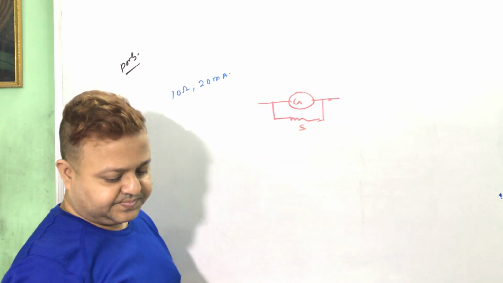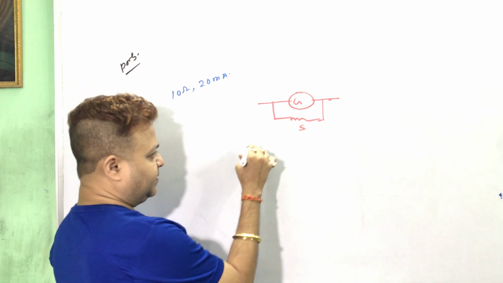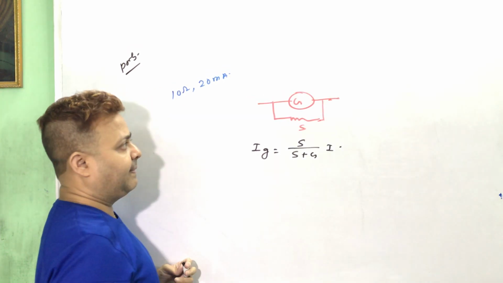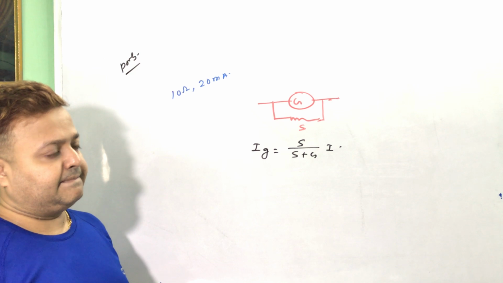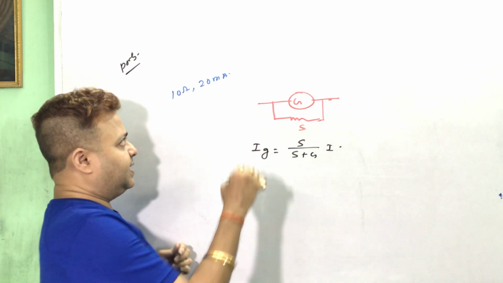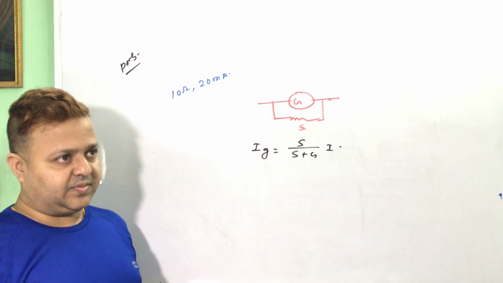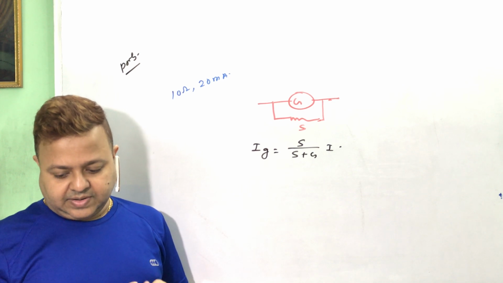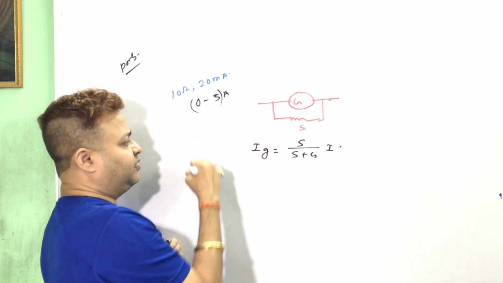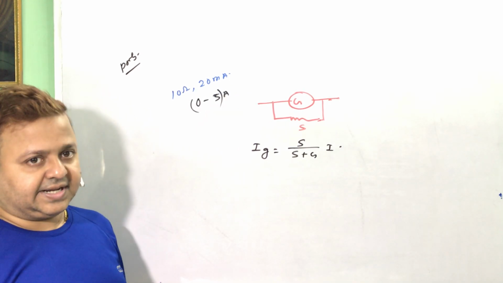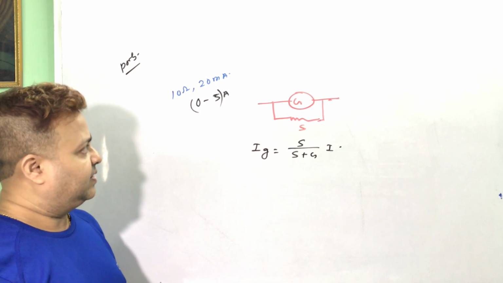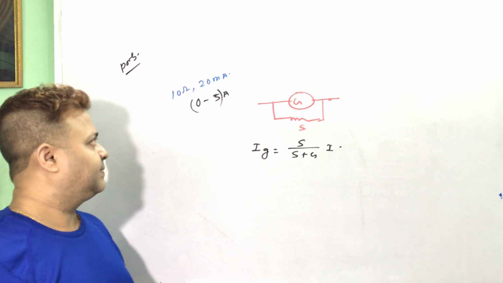The formula is Ig equals S divided by S plus G, into I. Wait, another data is given, I did not say the whole thing. To convert the galvanometer into an ammeter having the range of 0 to 5 ampere, find the resistance to be connected with it.